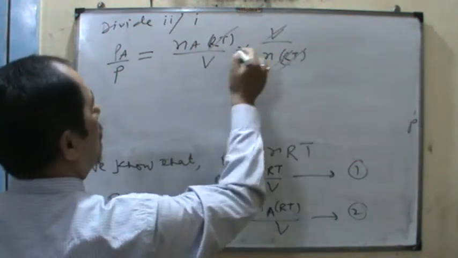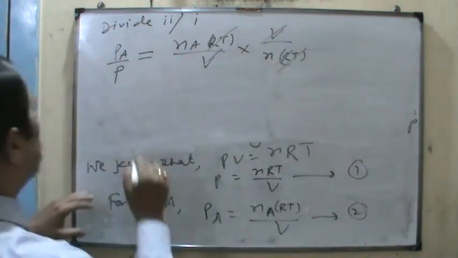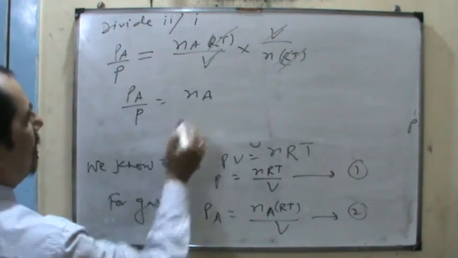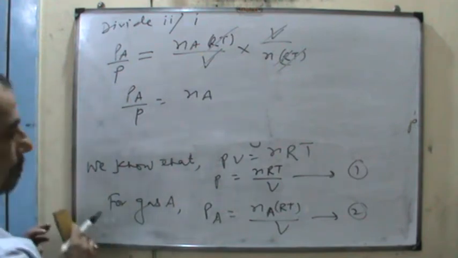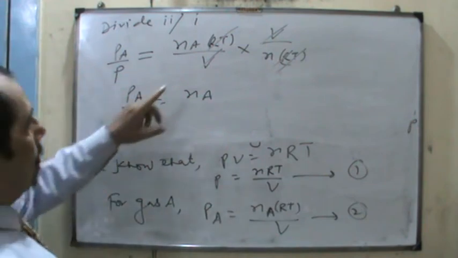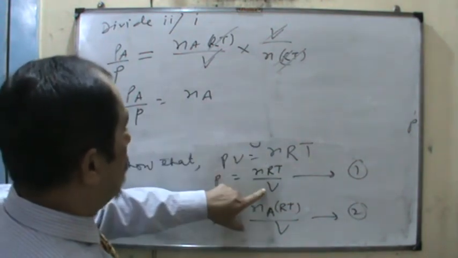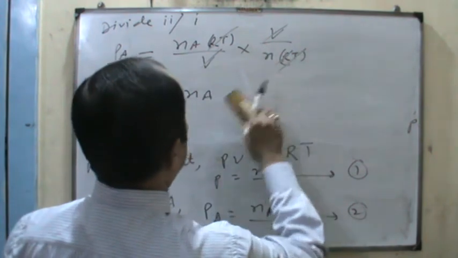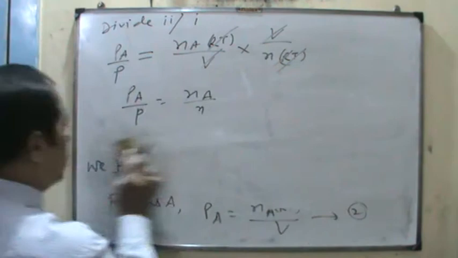RT cancels out. So Pa upon P equals Na upon N.